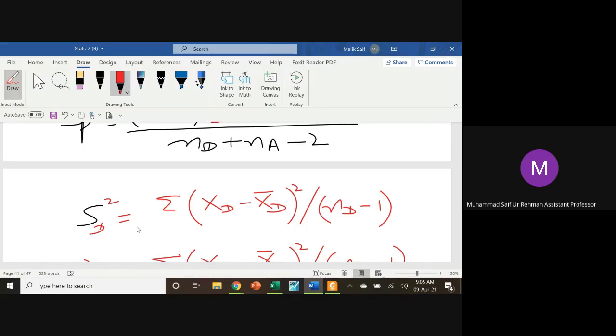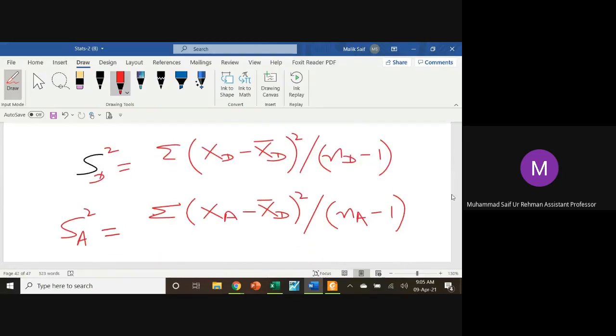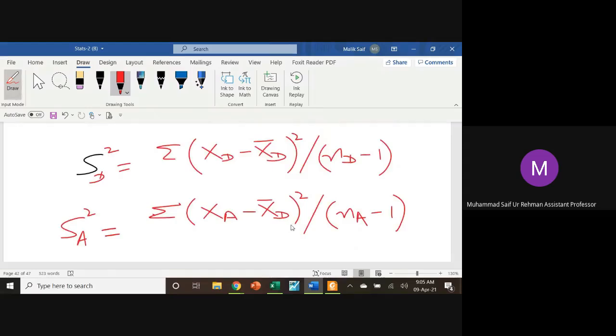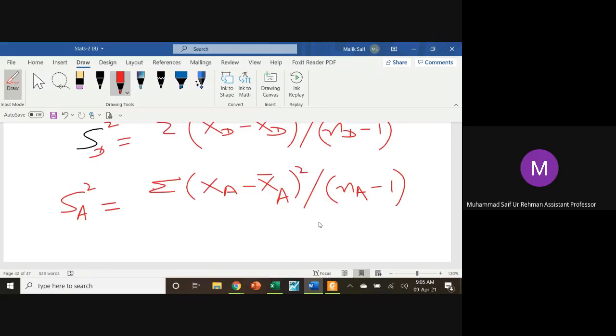Okay, so first of all, you will find out xd bar, and then, sorry, I have written it wrong. This is A, not D, because you are talking separately about the series. So this was for day shift, this was for afternoon shift. So A and A is there.